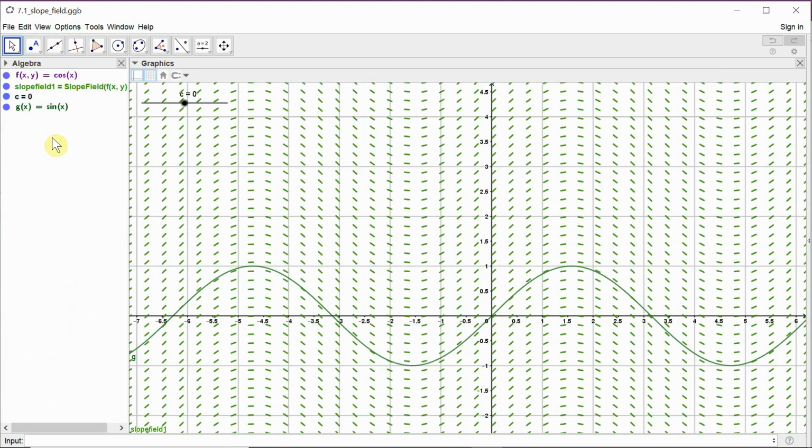Now, why? Say that differently. How do we know that this was cosine?